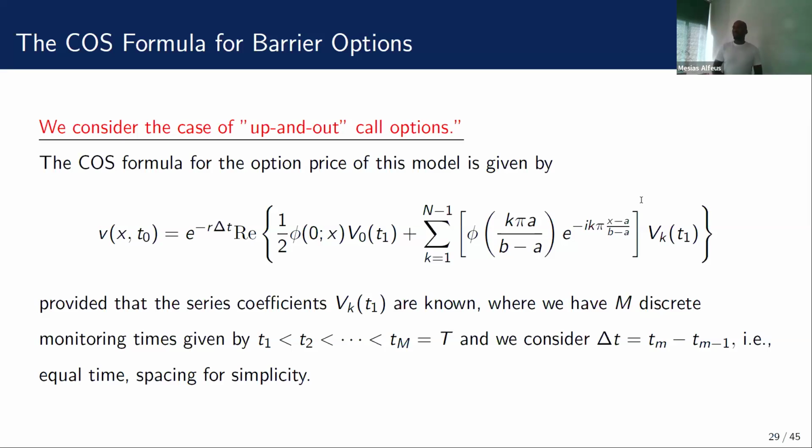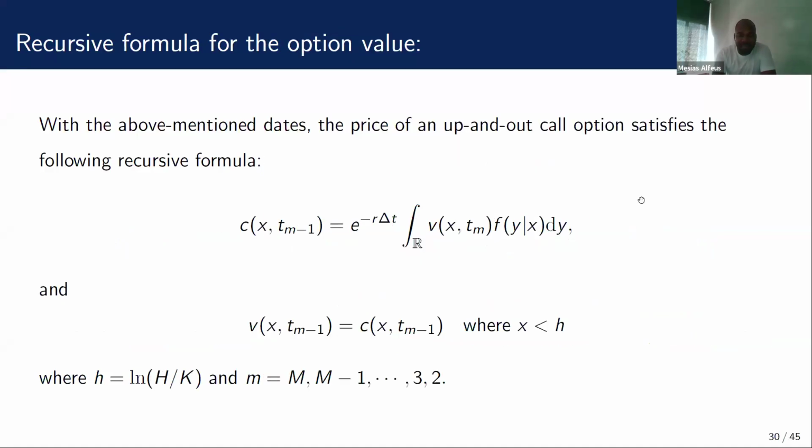That is what I'm going to tell you about, because we only know the payoff function at capital T. So this is the difference between these discretely monitored barrier options and the European options. Here we have this recursive formula. So we need to calculate this C.